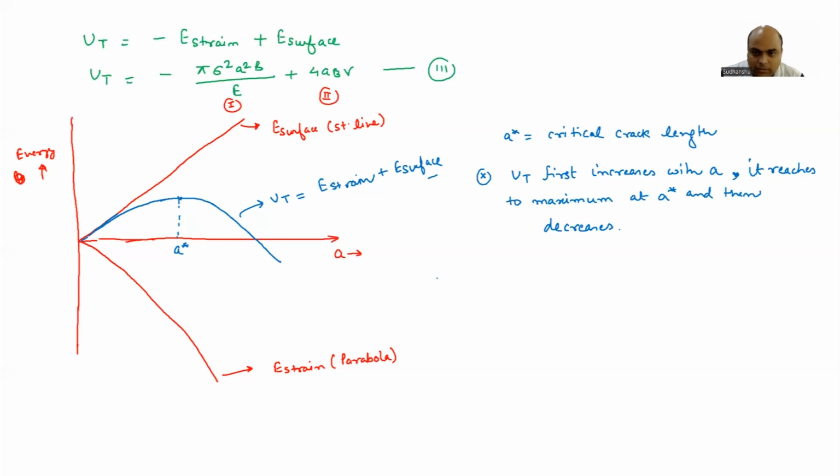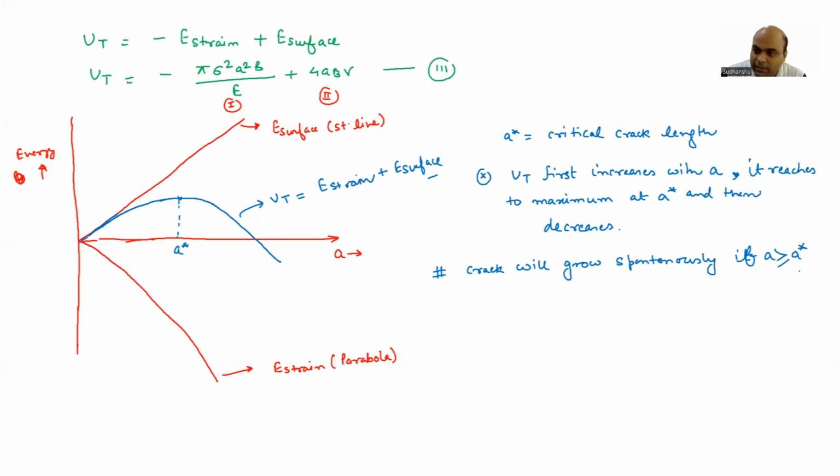Okay. So we can write crack will grow spontaneously if A is greater than or equal to A star. Okay.